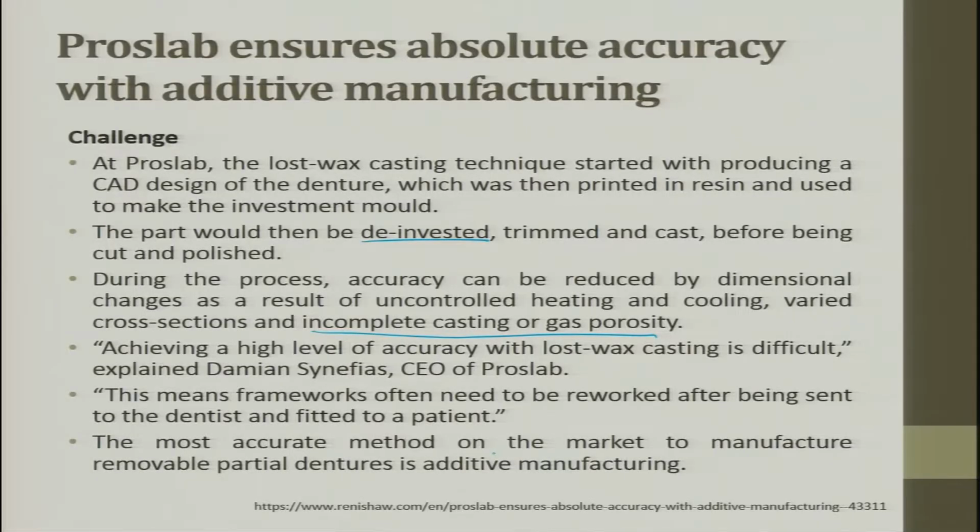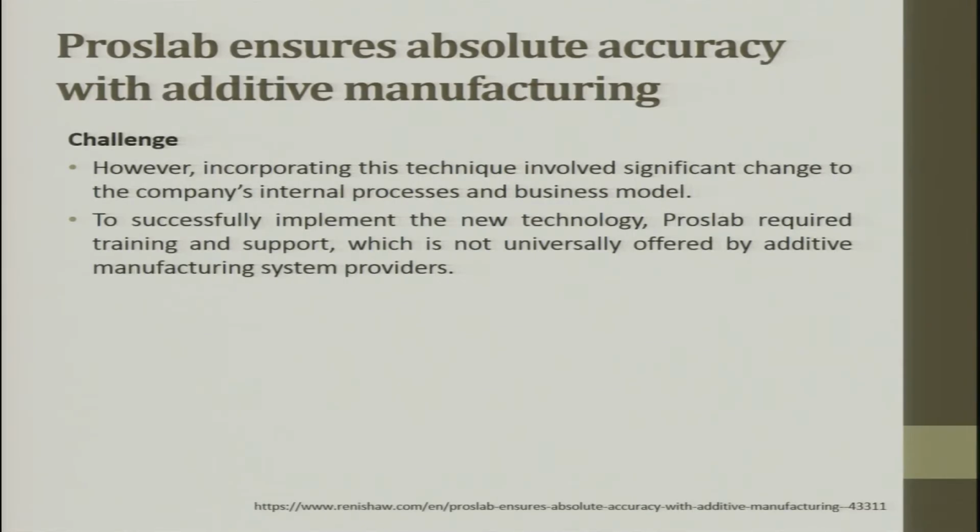The most accurate method on the market to manufacture removable partial dentures is additive manufacturing. So after a 15-year backstory, they identified additive manufacturing as the possible route out. However, incorporating this technique involves significant change to the company's internal process and business model. If you want to move as a company towards rapid manufacturing, two important things have to happen in your company.